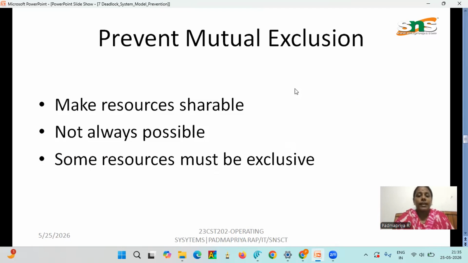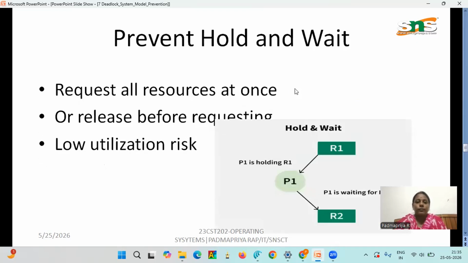But some resources can be used by only one process at a time and cannot be accessed by another process, so we have to maintain mutual exclusion. Without some of these resources, we can't execute the particular process, so we have to tag those resources as exclusive.